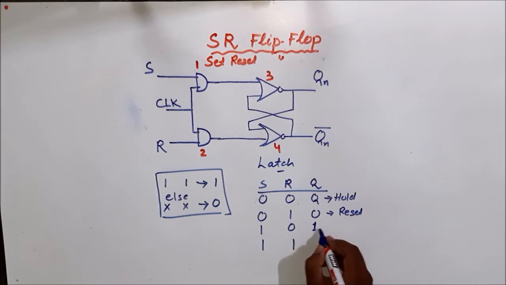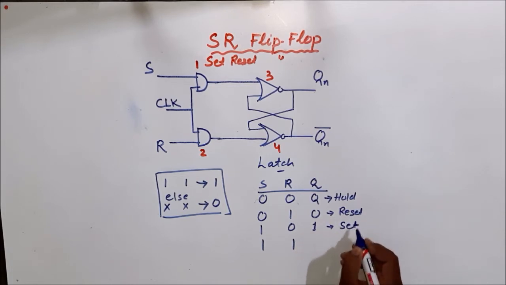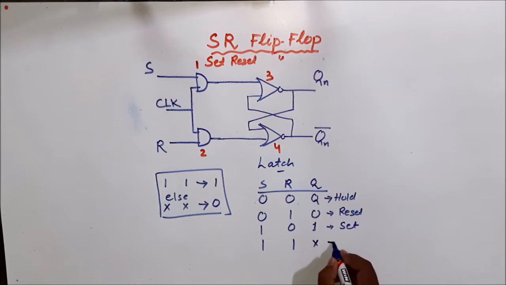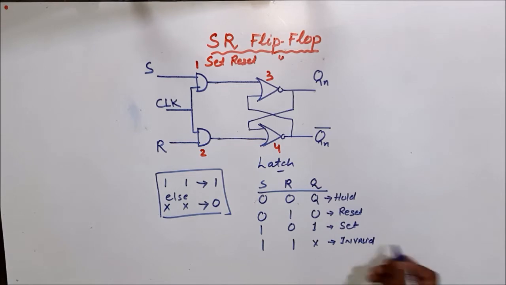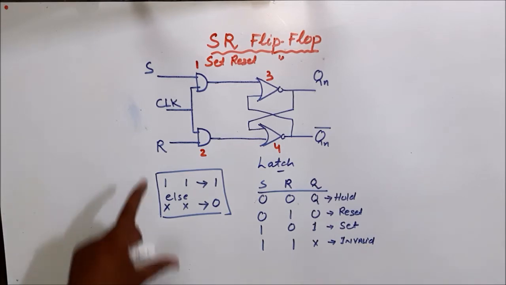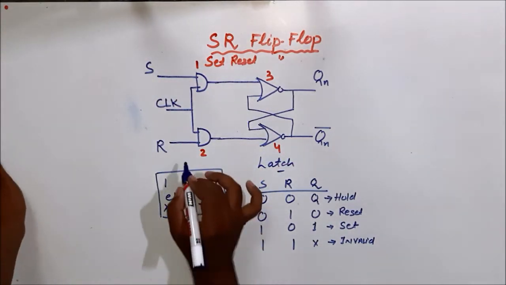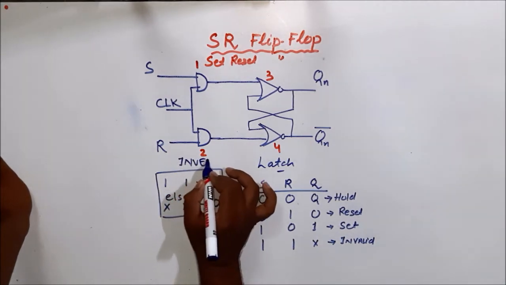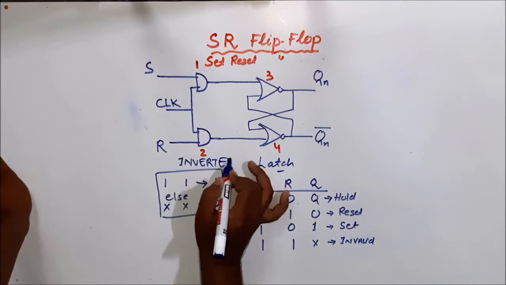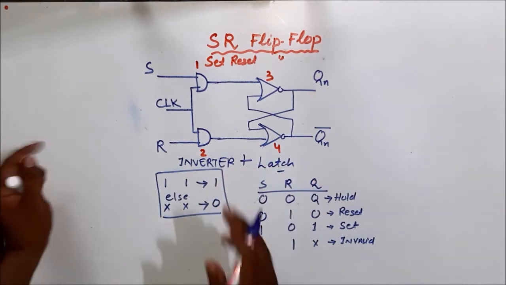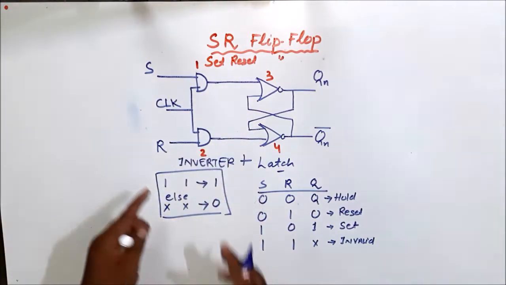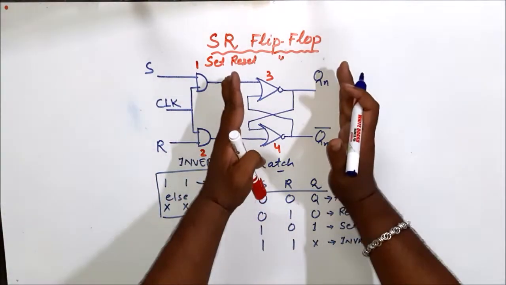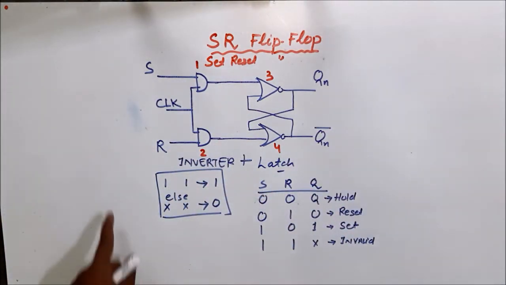Here we have 1, that is set. And here we have the invalid condition. Now this total circuit is the combination of inverter and latch. This much does the work of the inverter and this much does the work of the latch. This circuit is called the SR flip-flop.